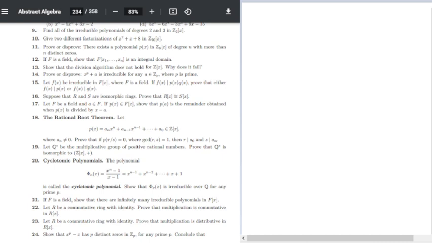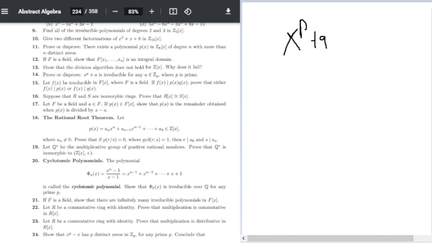Proof. x^p plus a is irreducible for any a in Z mod p. So suppose that x^p plus a is reducible. Wait, I'm confused.